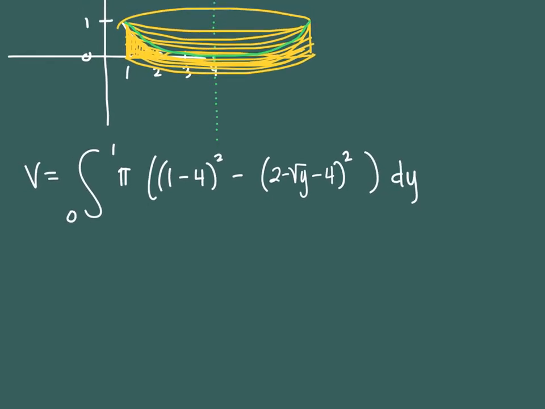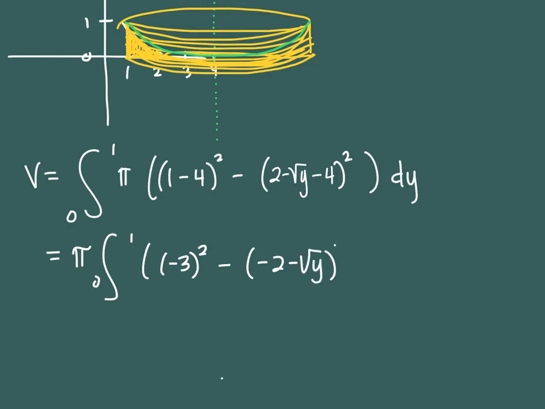Once you have that set up, I could pull pi out to the front. My bounds are 0 to 1. I've got 1 minus 4, that'll be negative 3 quantity squared, minus negative 2 minus rad y, that quantity squared, and the whole thing is dy. So it just becomes a matter of cleaning up the arithmetic.